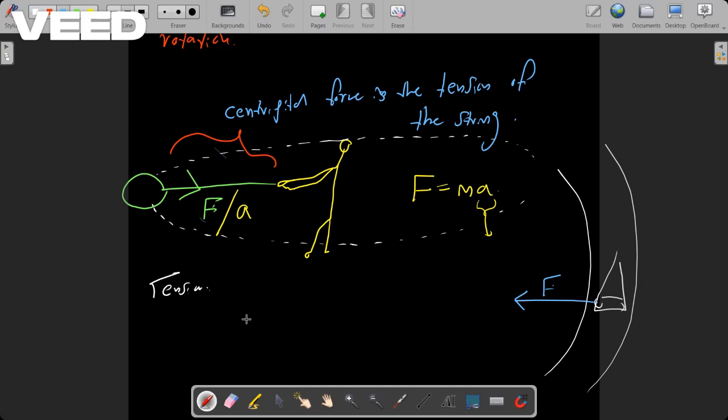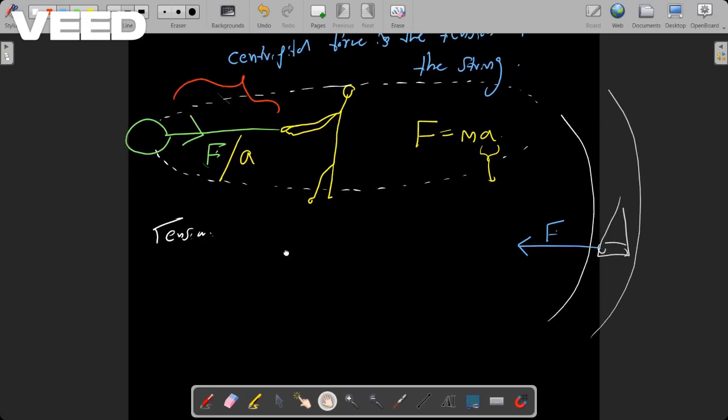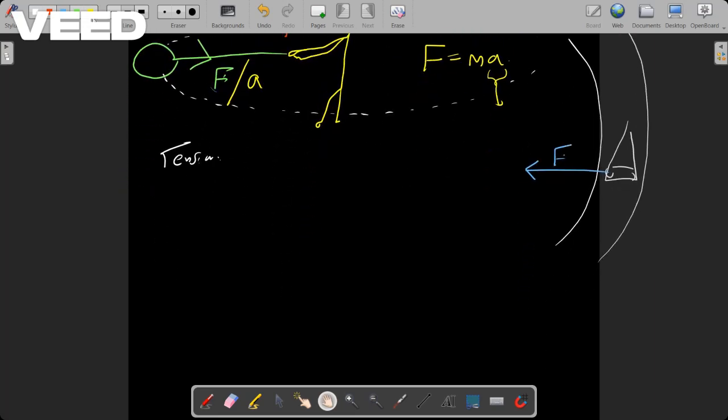Okay. Now, one other good example. If we have the solar system, I'm asking you now. If this is the Sun and the Earth is orbiting around it, right? In that case, on Earth also there is a centripetal force.